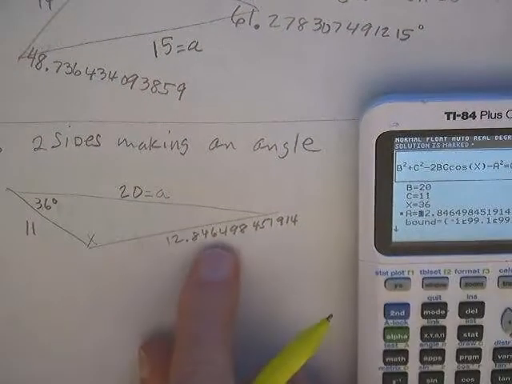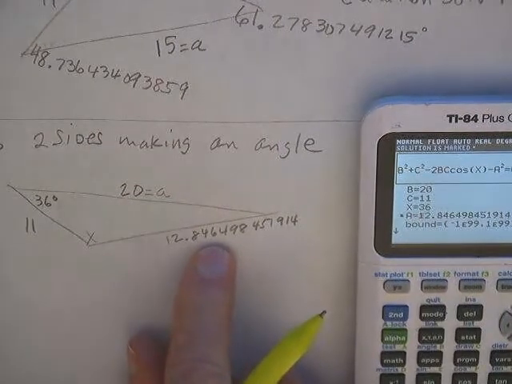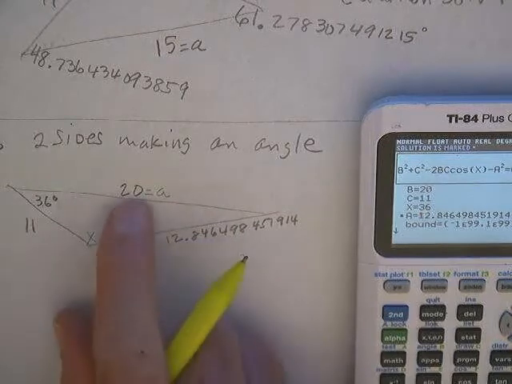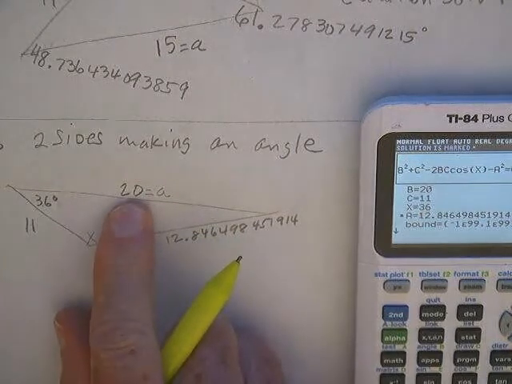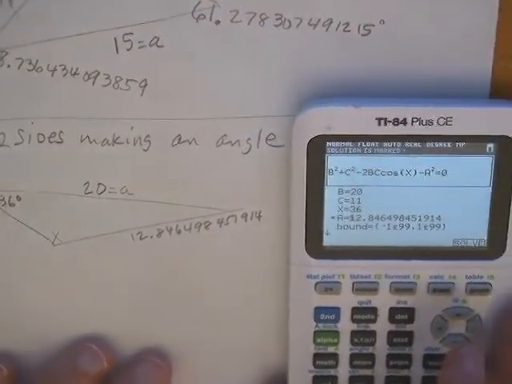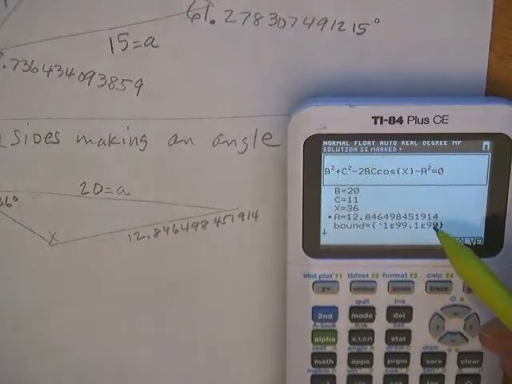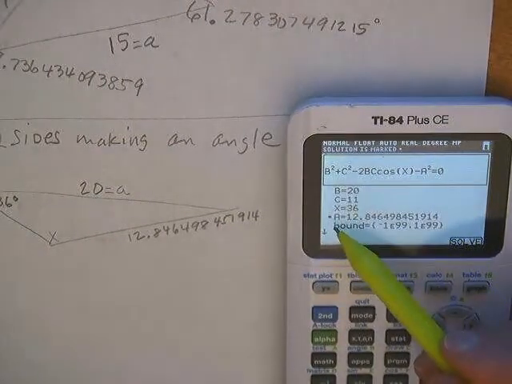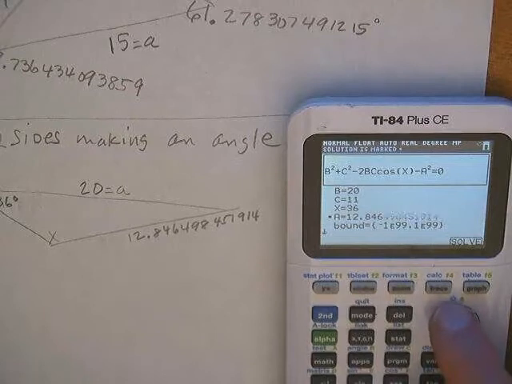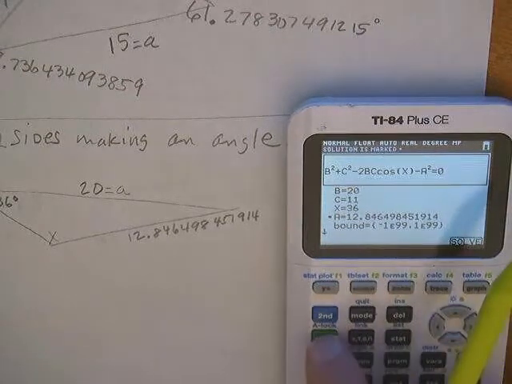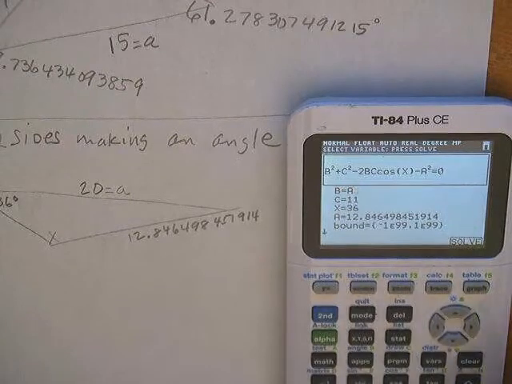That means this number needs to trade places with that number. This is pretty slick because I don't want to have to recopy that. Notice right now it's A, so let's go up there where the 20 is and put A in there.